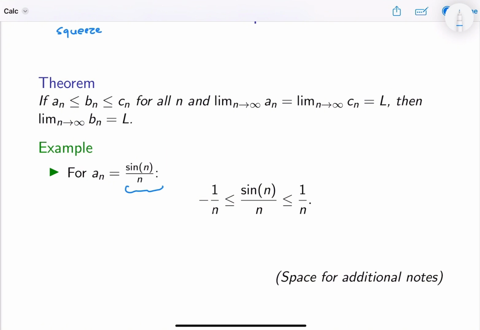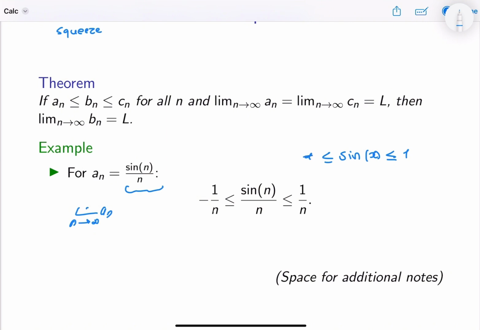If I ask you what's the limit of a_n as n tends to infinity, you initially have no idea what this limit is, right? However, you notice something immediately. You recall that the sine of a number is between 1 and -1, right?